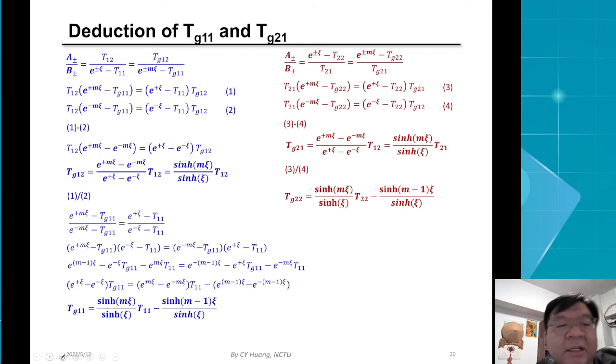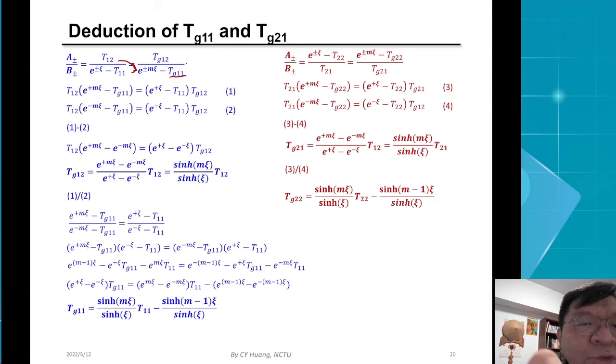First, according to the first equation, we can write it down like T12 times this exponential plus m echelon m c minus TG11. The TG11 means the T11 matrix element of the grating, since we are trying to find the matrix element of the whole grating.